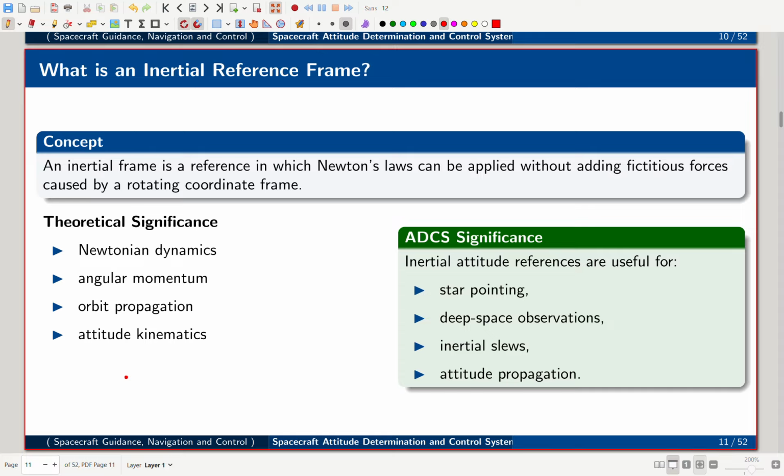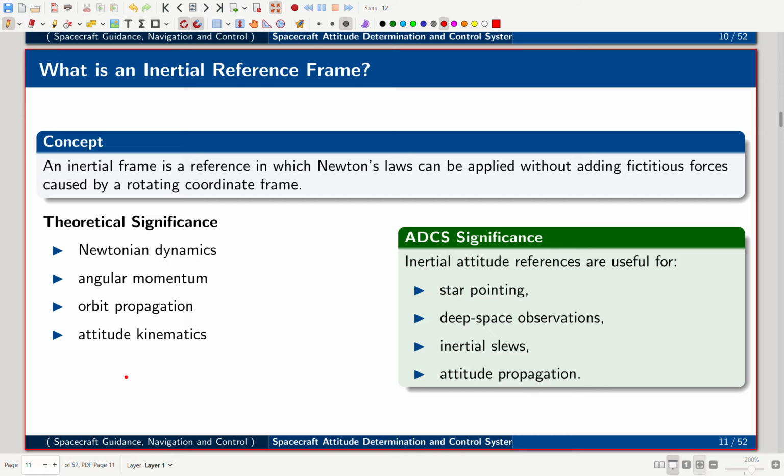So first is the inertial reference frame. An inertial reference frame is one in which Newton's laws can be applied without adding fictitious forces caused by a rotating coordinate frame. So it is stationary, basically, right?